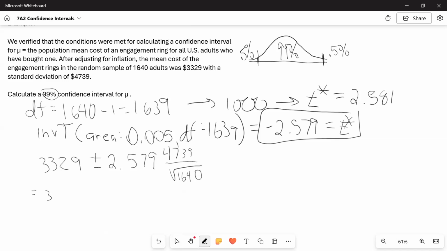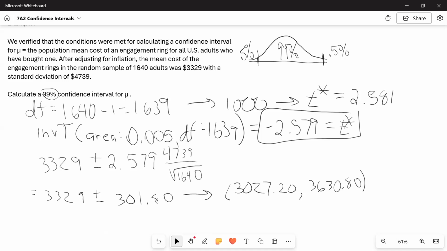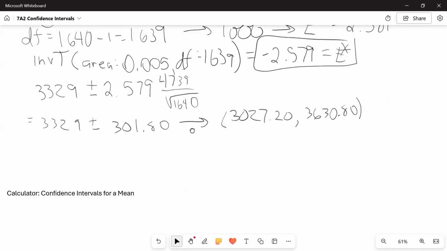And this is going to give us 3329 plus or minus 301.80, which gives us a confidence interval of 3027.2, comma 3630.80.